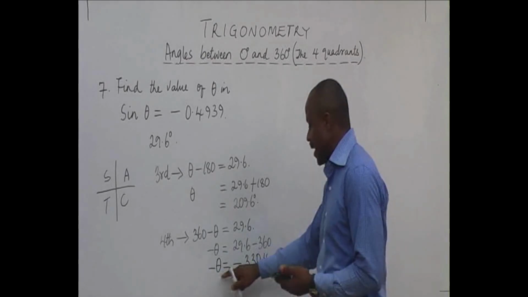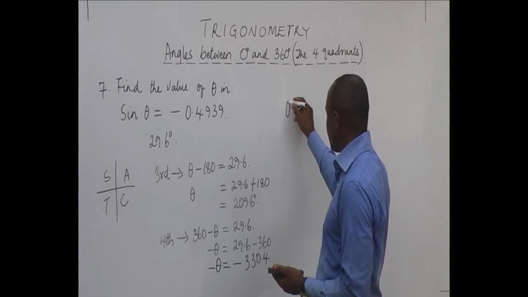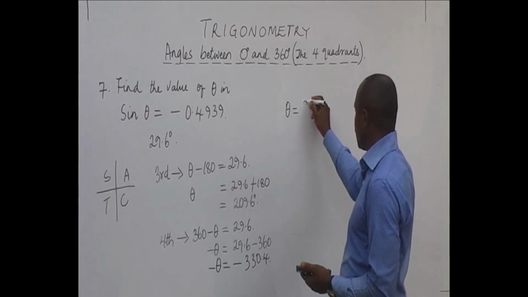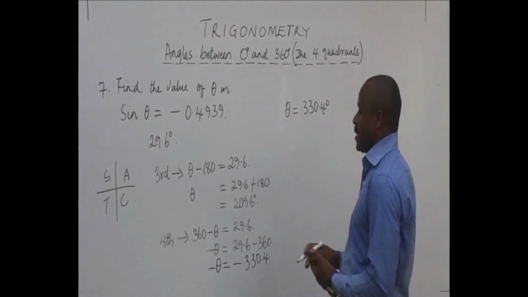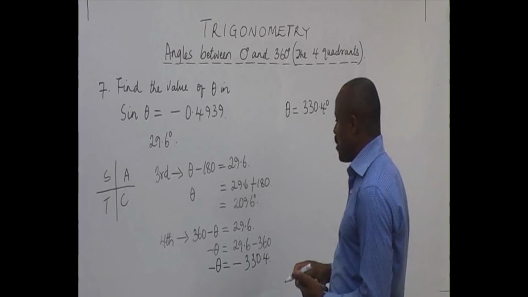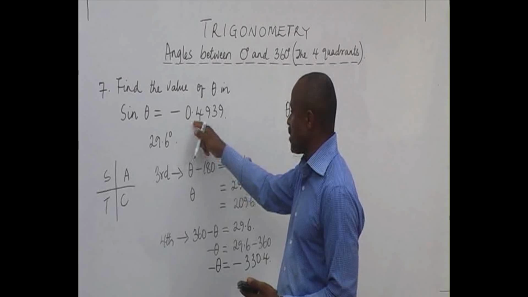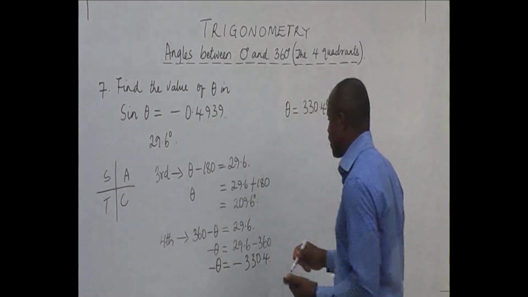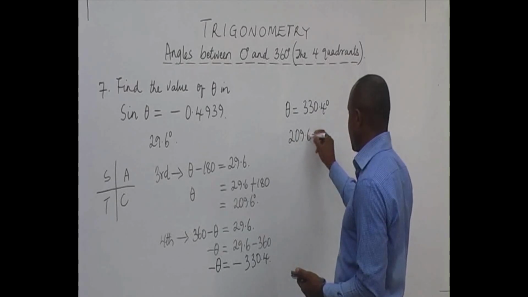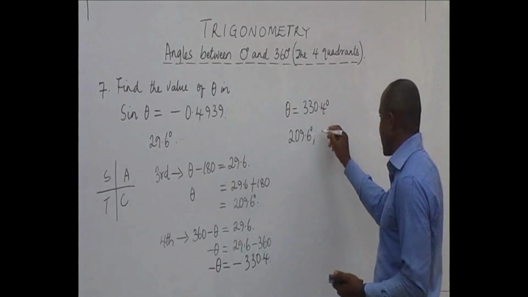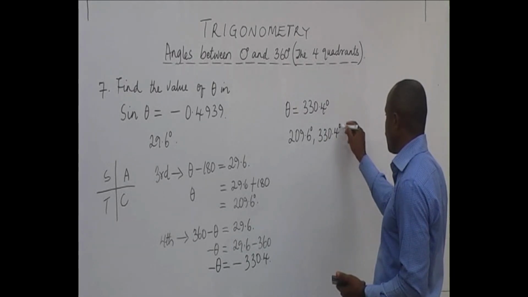If minus theta is minus 330.4, that means theta is equal to 330.4 degrees. Now it means the two values of theta for which sine theta is minus 0.4939 are 209.6 degrees, and the second one is 330.4 degrees.